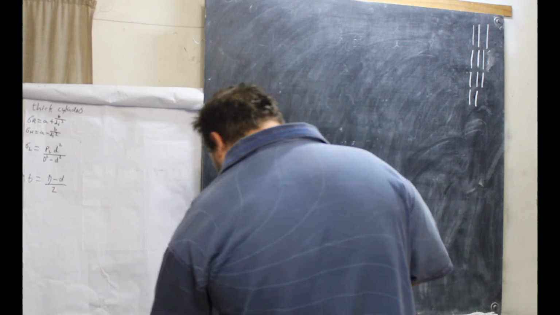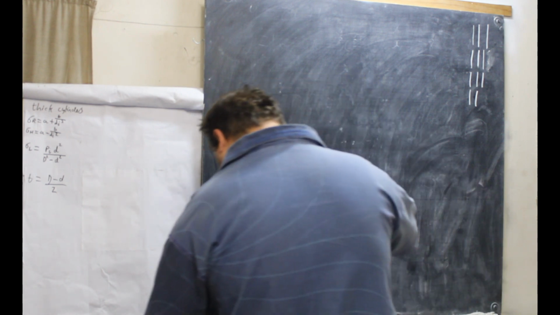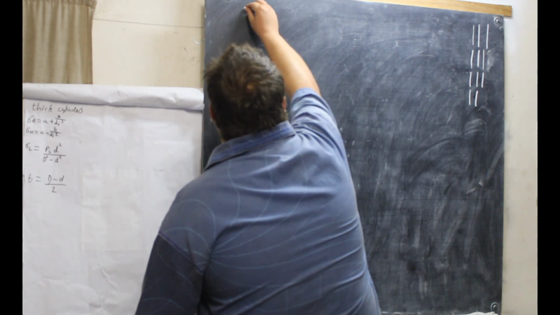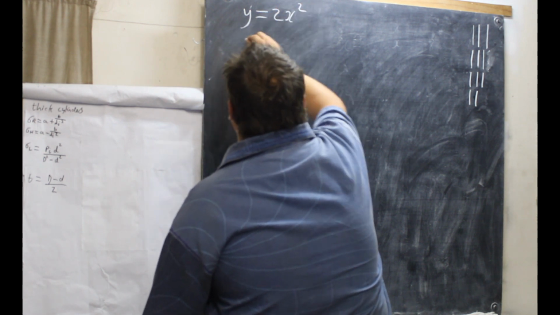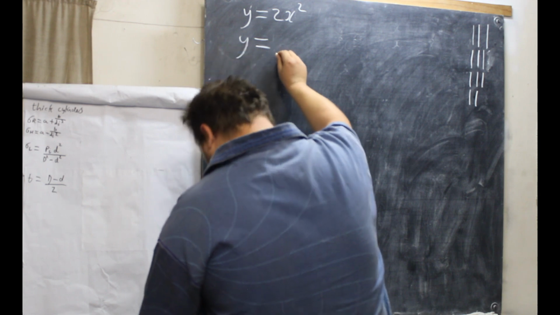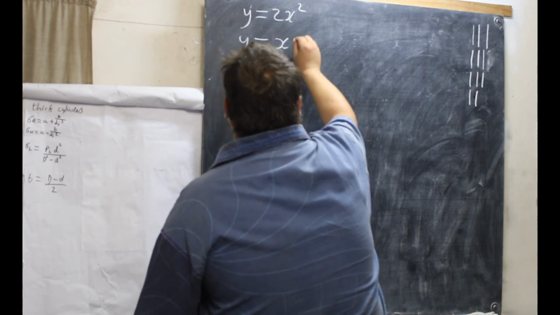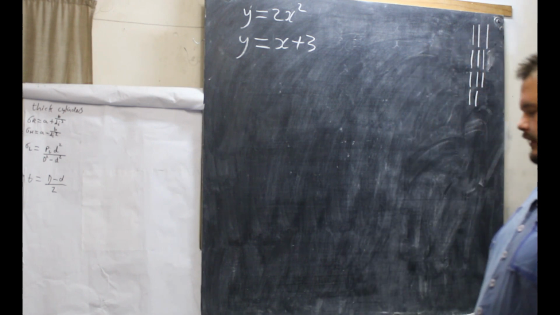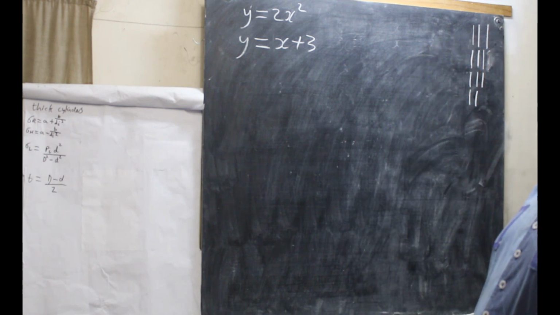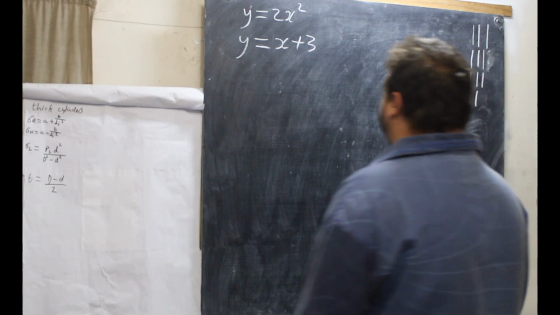Now, we need to find the centroid of y is equal to 2x squared and y is equal to x plus 3. First we need to set our boundaries.